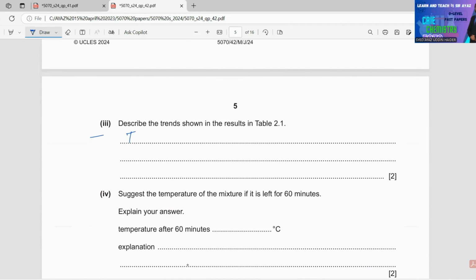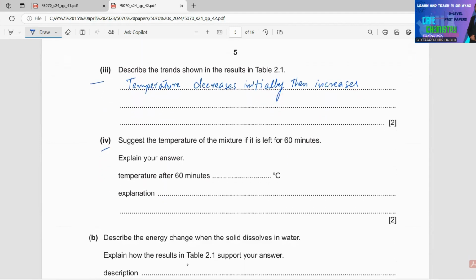So you'll write temperature decreases initially, then increases.